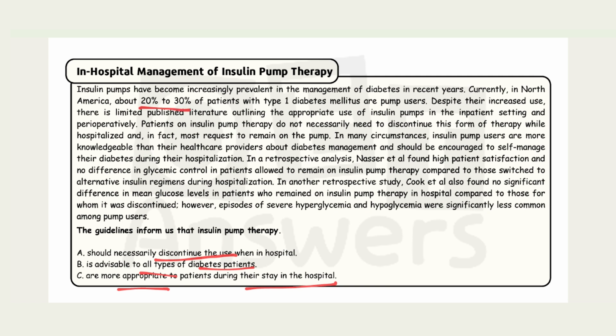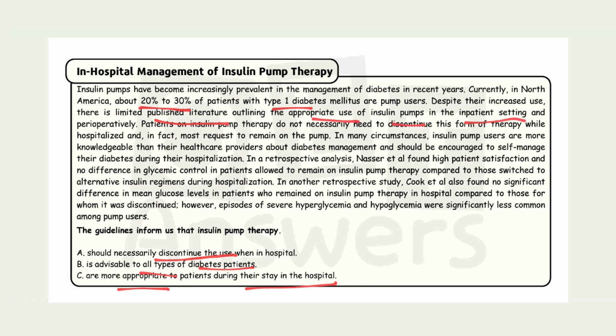Despite the increased use, there is limited published literature outlining the appropriate use of insulin pumps in the inpatient setting. So whatever the increased usage of insulin pumps, there is limited published literature explaining their appropriate use in the inpatient setting.